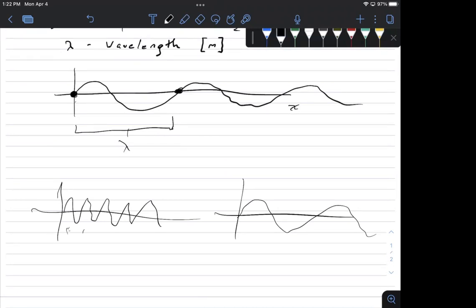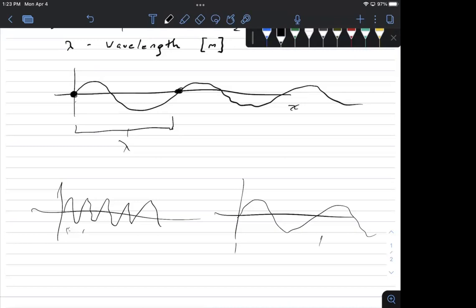Obviously, the distance between waves is very small because it oscillated up and down in a very short period of time. Whereas if the frequency is very low, it takes a long time to oscillate, then it's going to move a lot further in doing an oscillation. And so the wavelength is very long.